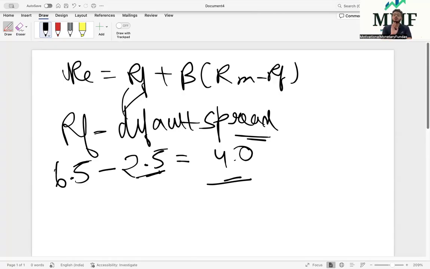This 2.5% won't remain standard. One way to calculate default spread, the simplest way, is to take the yield on a corporate bond and the yield on a government bond and take the difference.